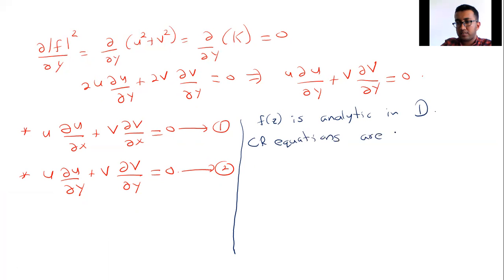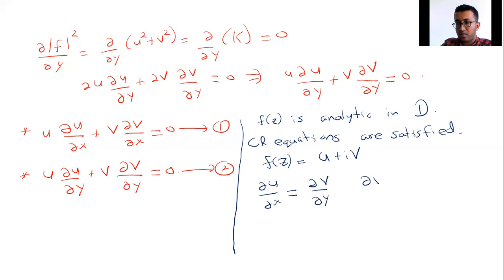So you can recall what the CR equations are. f(z) equals u plus iv. The first equation is ∂u/∂x equals ∂v/∂y, and the other Cauchy-Riemann equation is ∂u/∂y equals minus ∂v/∂x. So these are the two Cauchy-Riemann equations, right?